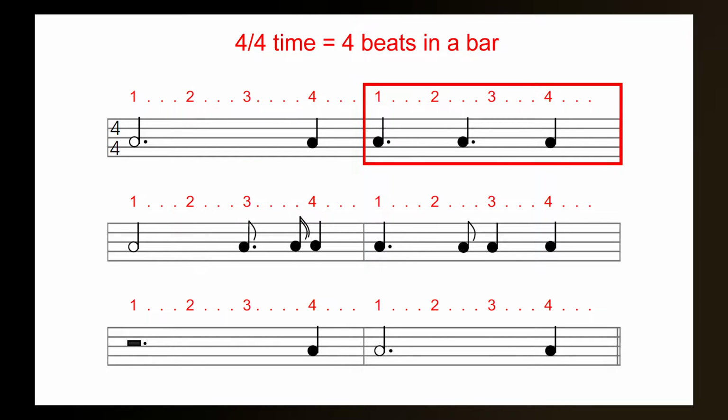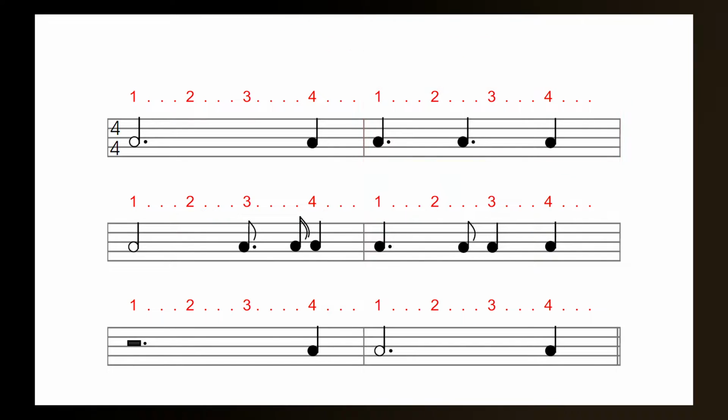The second bar has 2 dotted crotchets, which are 1.5 beats each, so that's 3 beats for the 2, and then another crotchet, so that's 4 beats. And if you continue to look through this example, you'll see that every single bar adds up to 4, and that's the way it should be, unless it's stated that that part of the tune or that bar has changed time signature, because this can happen.